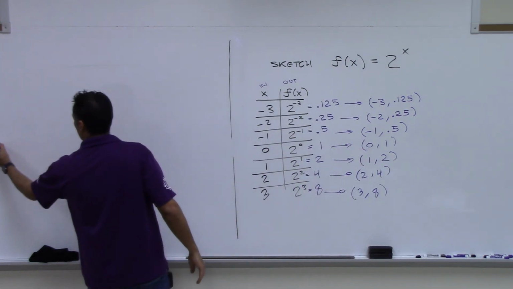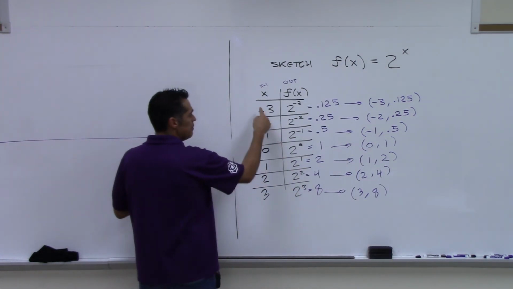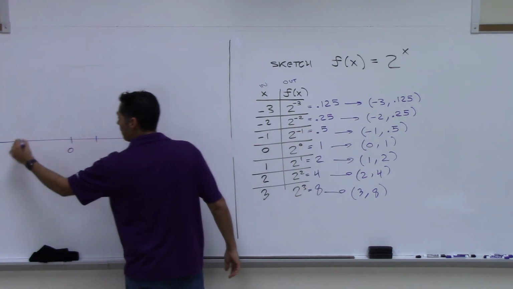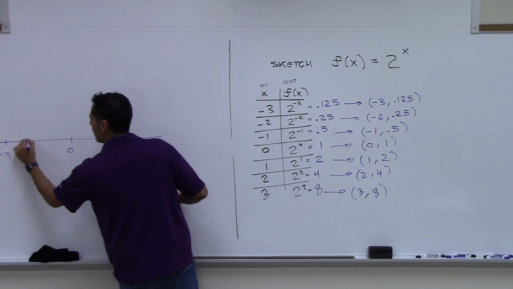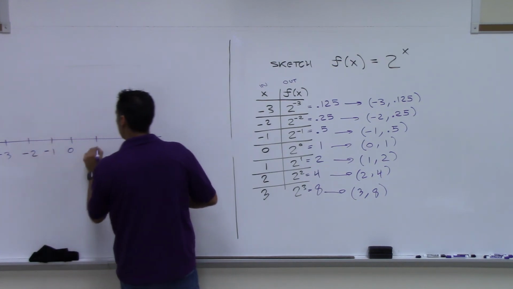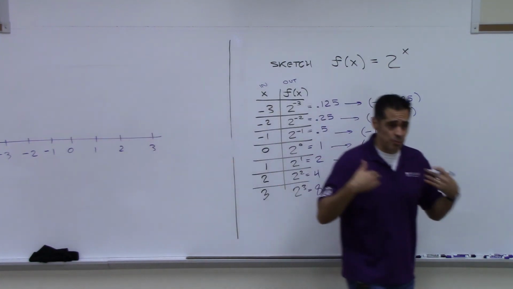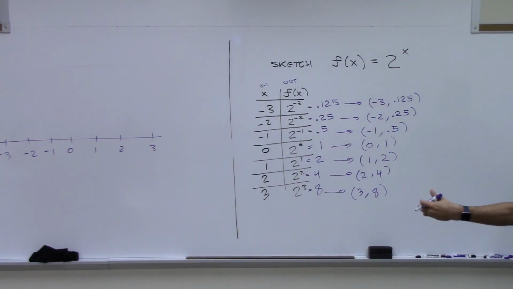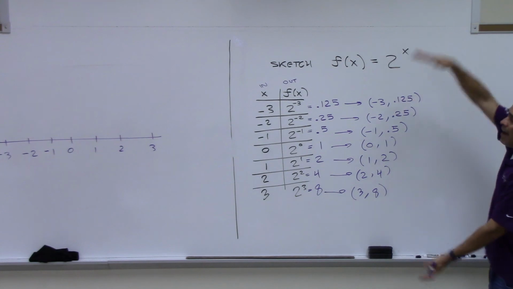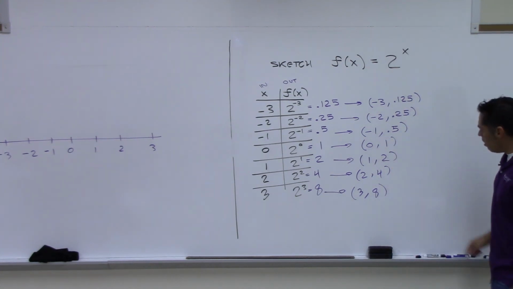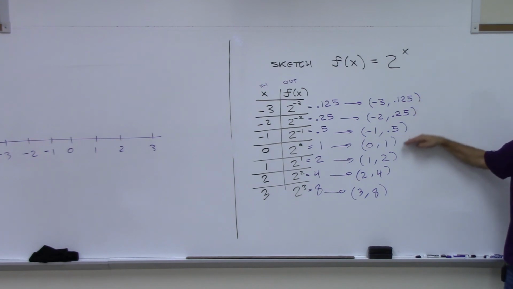When you do this, here's a way I want you to think about drawing this. Your x-axis is your inputs, right? And those are going to go from -3 to 3. That will always be the same on all the graphs we draw. The question is, on the y-axis, how far up should I go? How far down should I go? So look at all the y values that we have here.